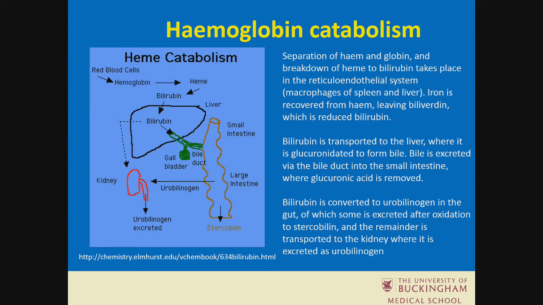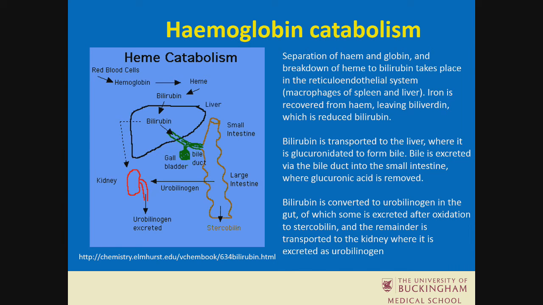The bilirubin is then solubilized by reacting with glucuronic acid to form bile. The bile is released from the bile duct and goes into the small intestine, and in the gut, the glucuronic acid is removed, recreating bilirubin.